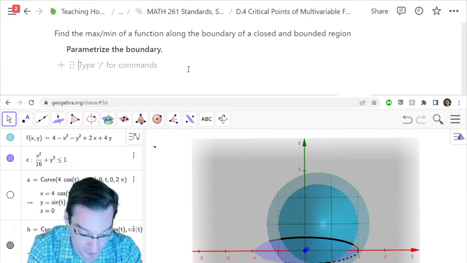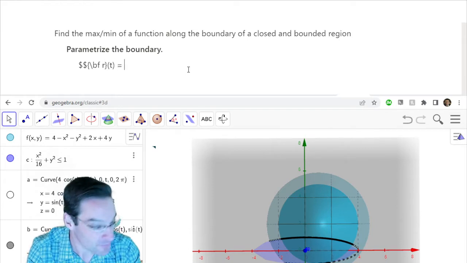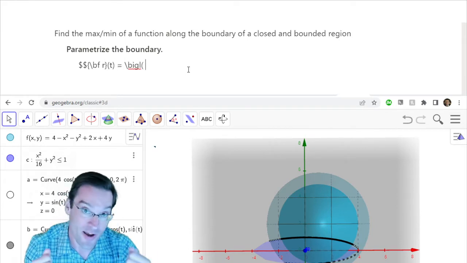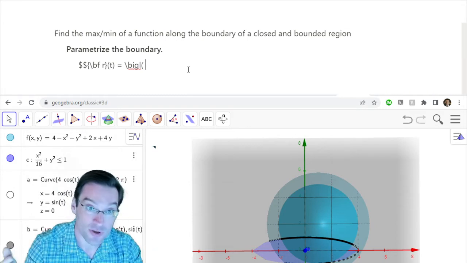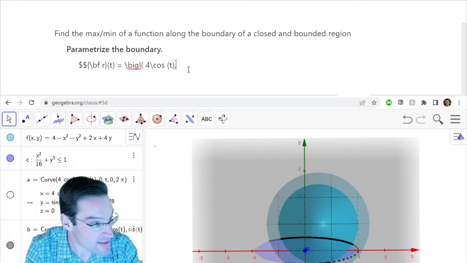And so I can parameterize that ellipse with a vector valued function that I can get just by taking the equation of a circle and stretching the unit circle by a factor of 4 just in the x direction. So I can use a cosine t, sine t parameterization, but multiply the cosine t part by a 4.